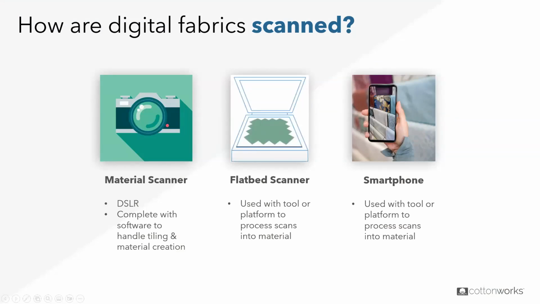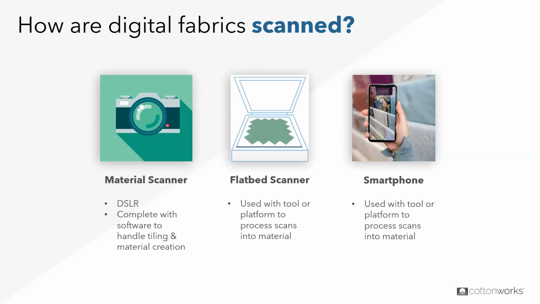So how are digital fabrics scanned? The industry has three options at this point. The first one is a high-end material scanner, such as a Vizoo or an X-Rite, which take images of fabrics using a DSLR camera. And these solutions often come complete with software to handle material tiling and the full texture creation. But they're not the only way to scan your fabrics.